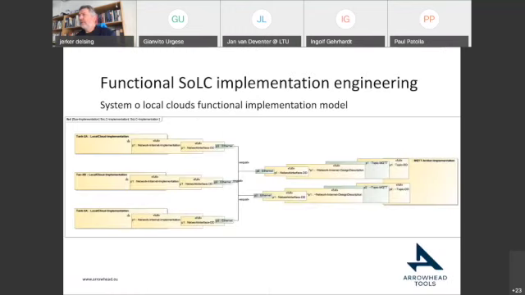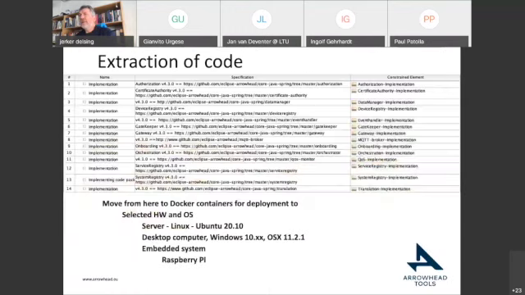And I can then extract that code. And this is work that's not done yet, but from these extractions, we will be able to build Docker containers and provide the necessary code for a number of various hardware.